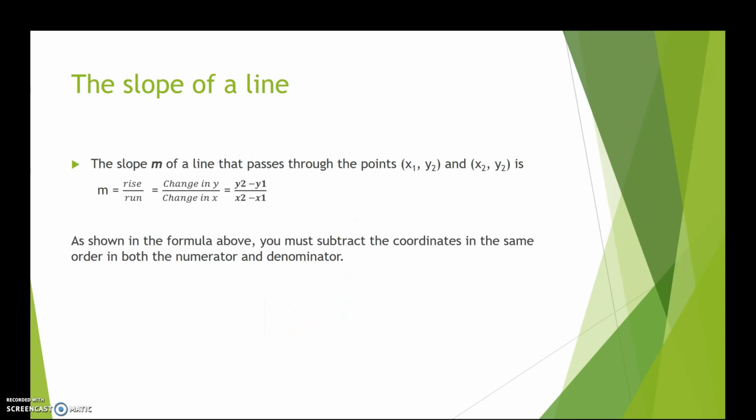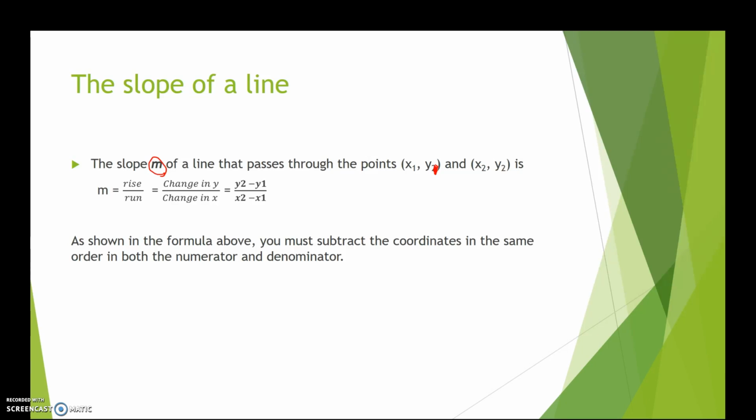Here's that formula I was talking about. Slope is recognized as m. The slope m of a line that passes through points x1, y1, this should be a y1 right here, not y2, and x2, y2, this would be m is rise over run.